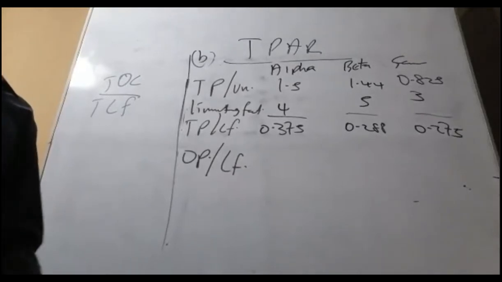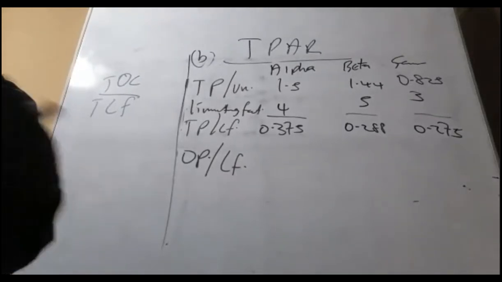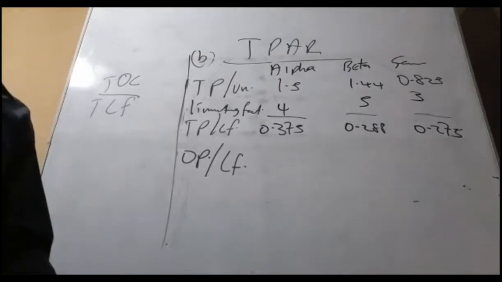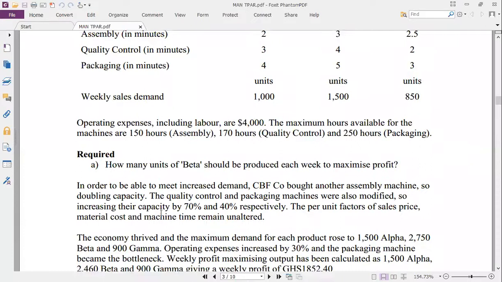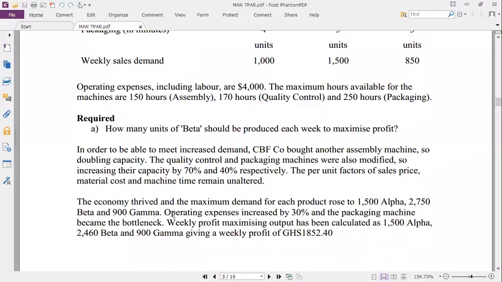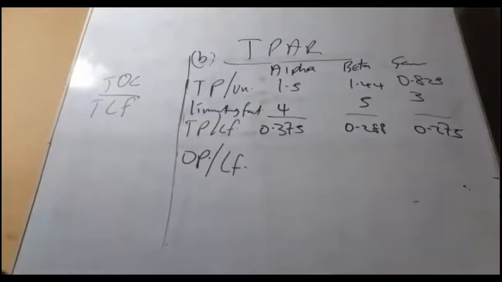Now the old operating cost is 4,000. Let's see whether there's an increment or a reduction. They said the operating expenses increased by 30%. So we have to increase the operating cost by 30%.